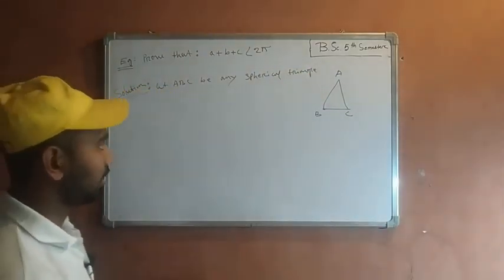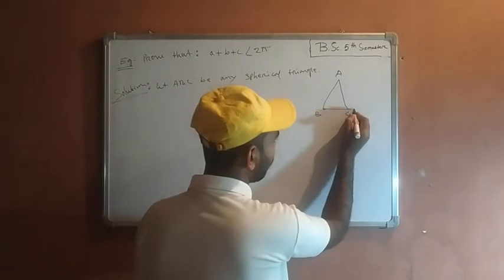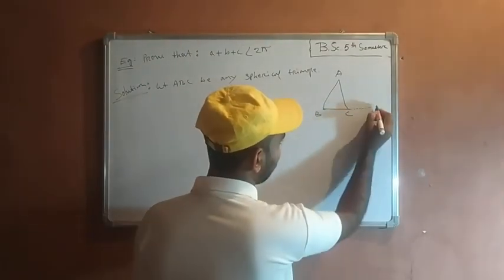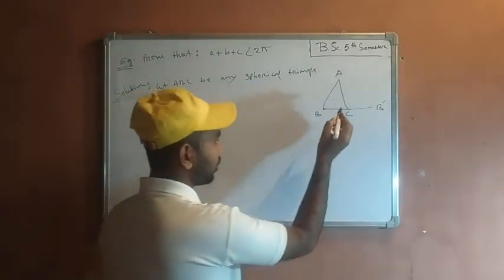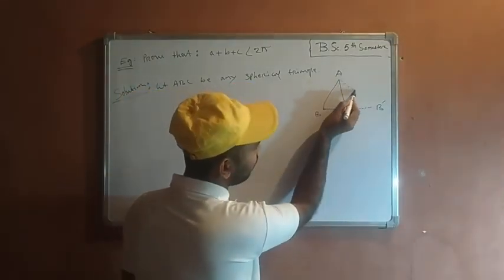So similarly now I am producing BC to B dash. Now I join A and B dash.